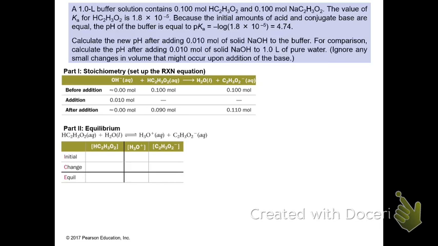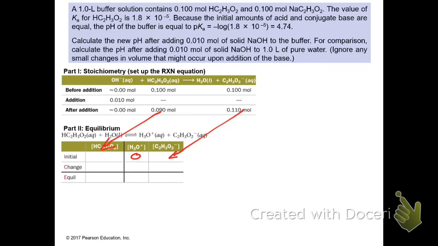All right, and then you're going to populate the ICE table. So again, we would have 0.09. You're basically just transferring this over here, and then the hydronium ion initially would be 0.